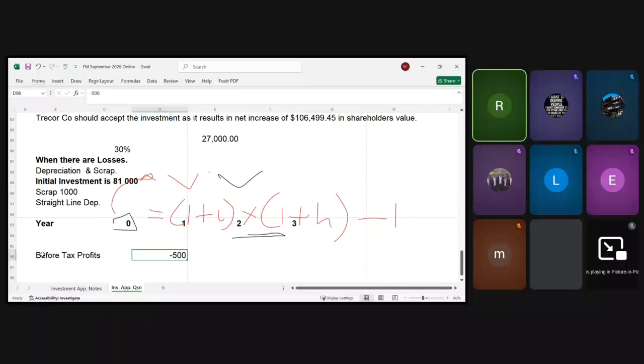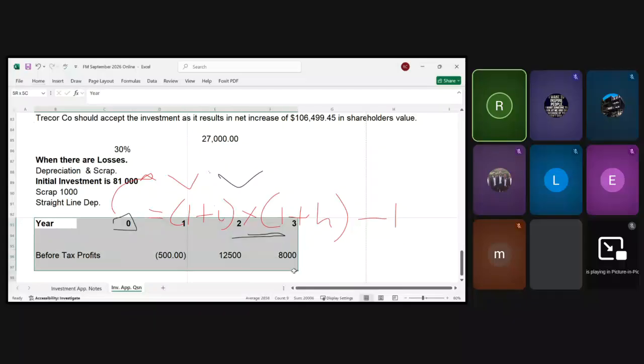That is what we have, minus 500. And in year 2 we have 12,500 profits. And here, assuming we have 8,000 only in year 3.